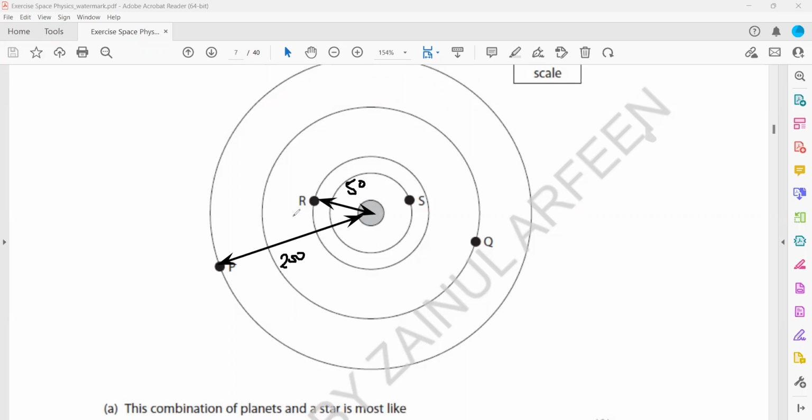The question is, what is the minimum and the maximum distance? The minimum distance is when they are on the same side. So minimum distance is when R is here.